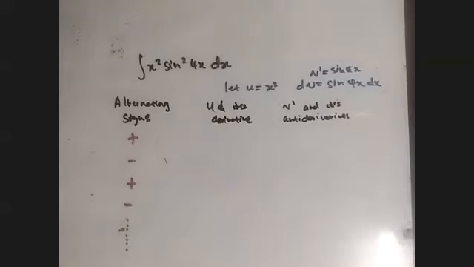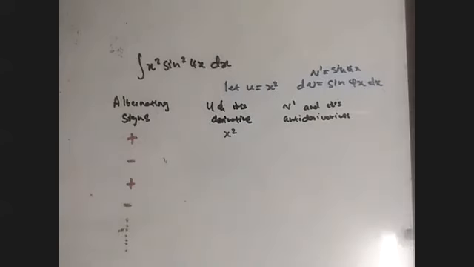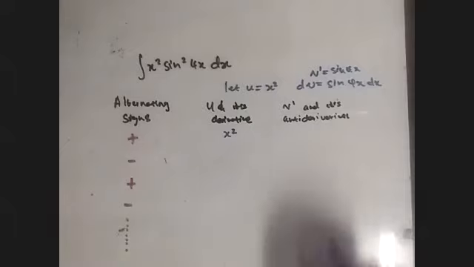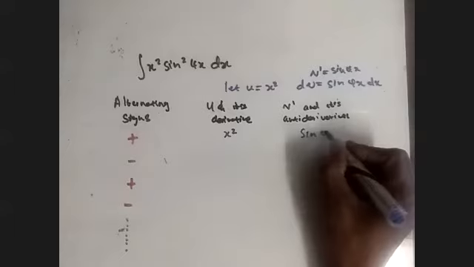It always comes like that. Now, the first step is to write u the way it is, so it's going to be x squared, and on this side you write the sine 4x.